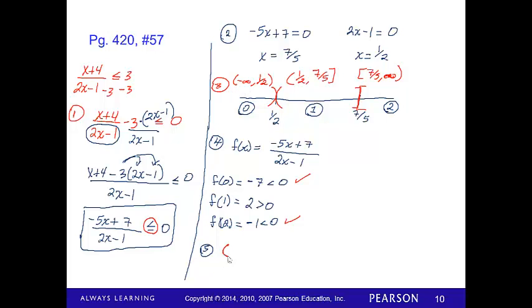So that's part of our solution. Negative infinity to 1/2. And make sure you're using parentheses, right? And then we also got a negative when we plugged in 2, and that came from this interval. Now, because we have 2 intervals, let's make sure we're using our U for union. And we got bracket 7/5 to infinity.